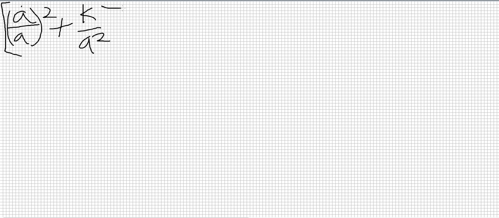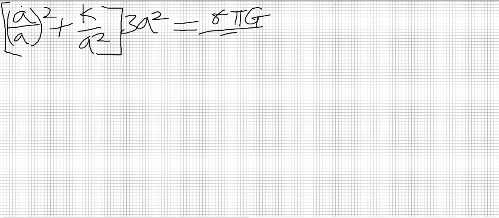So we have (a dot on a) squared plus k on a squared, all this multiplied by 3a squared, is equal to 8 pi G on 3 rho multiplied by 3a squared.